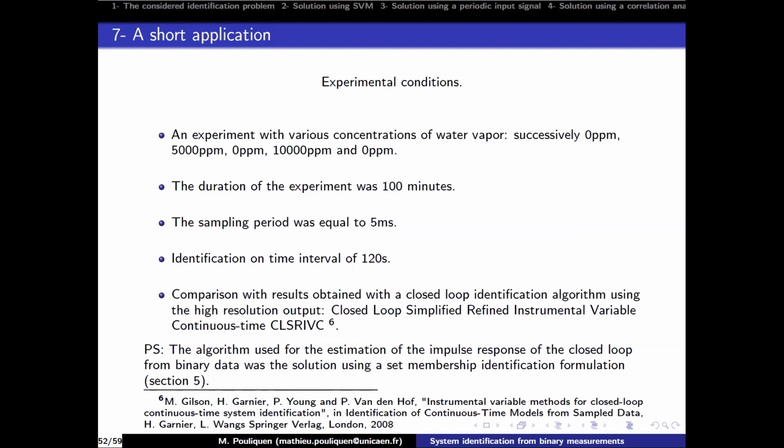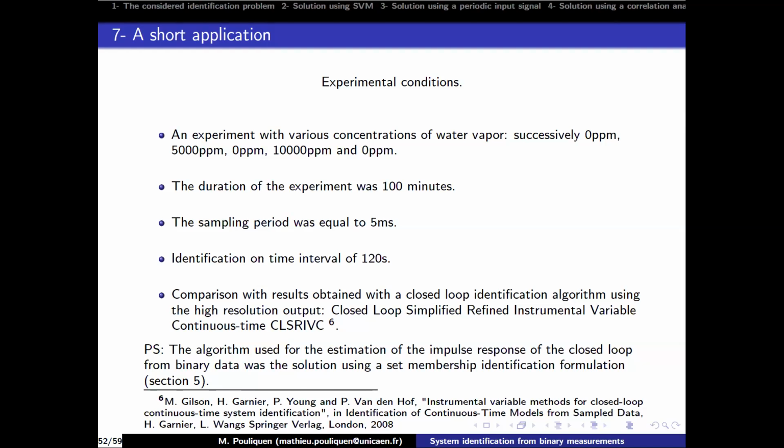The experimental conditions are the following. The experiment was not far from 2 hours. The sampling period was 5 milliseconds. I cut my data in intervals of 2 minutes. On each interval, I estimate my impulse response, and on each 2 minutes, I compute a time constant of the system.